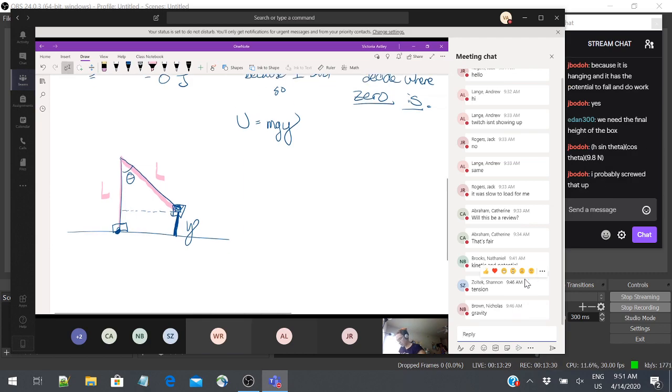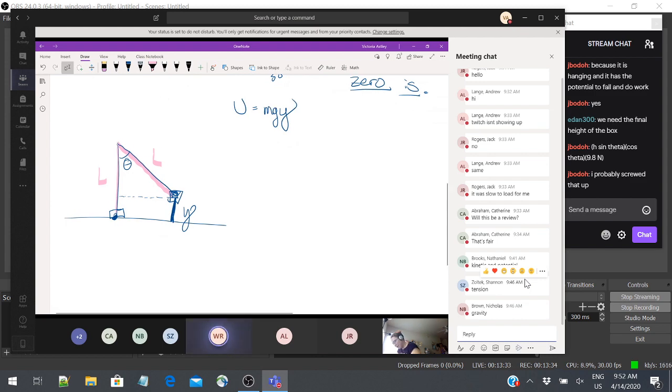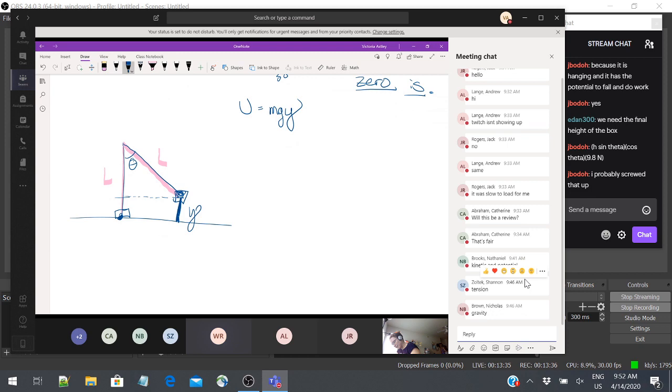So I know my y is sort of this y. Okay. So this piece here is the side of a right triangle.